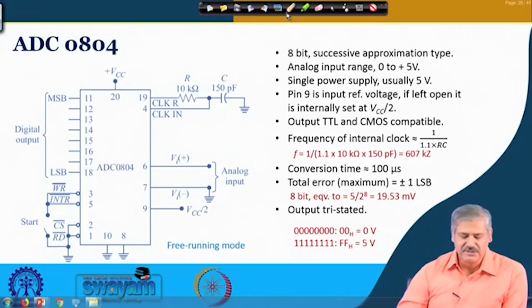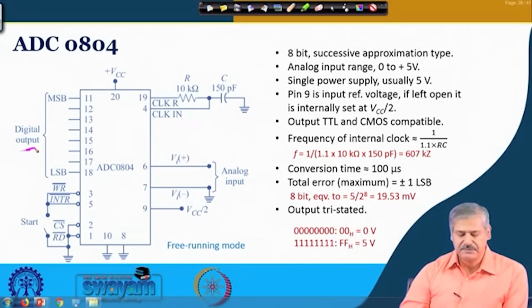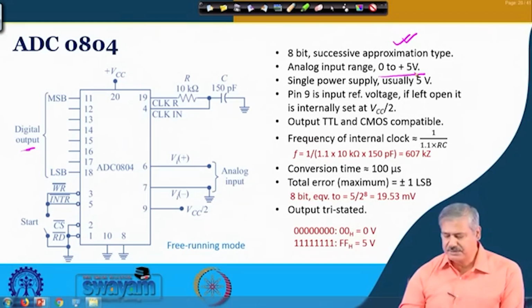This is an 8-bit ADC, and it is of the successive approximation type. We understand what successive approximation is, isn't it? The analog input voltage range that you see over here is 0 to plus 5 volt as such, but we shall see how we can change it.